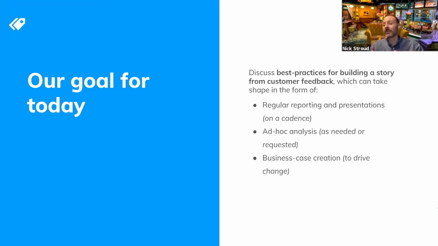There's ad hoc analysis, where maybe a business leader comes to you with a specific question, like, I've seen this in the business, can you go find me information on this or pull insights on it? And the last one is the specific creation of a business case to drive change. There's probably a lot of overlap between these, and depending on the organization, you may call them different things.